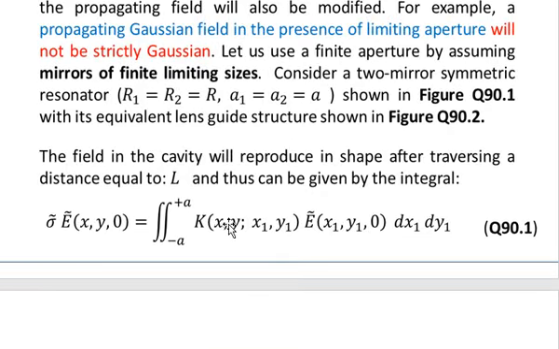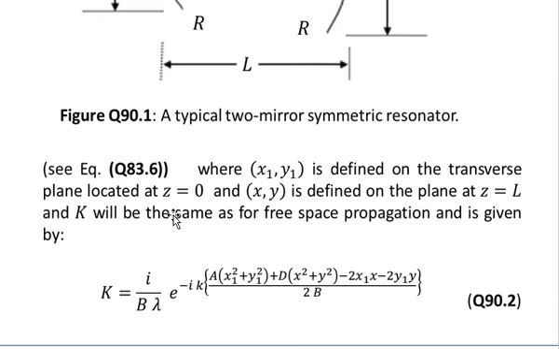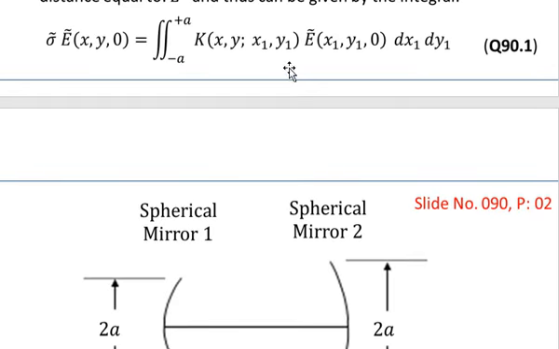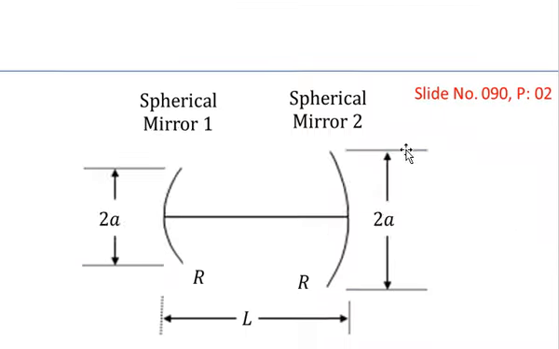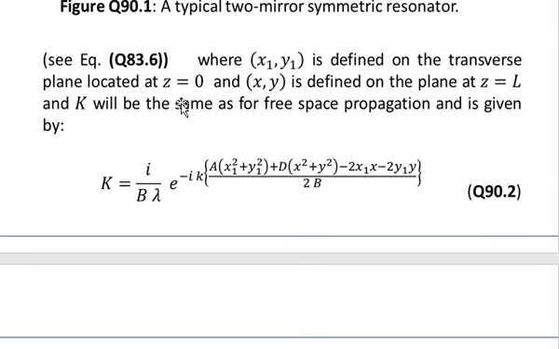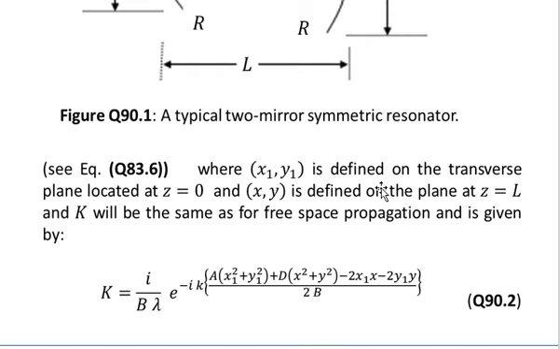This is the field after one round trip of the cavity, that is from the distance z is equal to 0 to distance z is equal to capital L. For equation number 1 you can also consult equation number 83.6, where x1, y1 is defined on the transverse plane located at z is equal to 0, and x, y is defined on the plane z is equal to capital L.